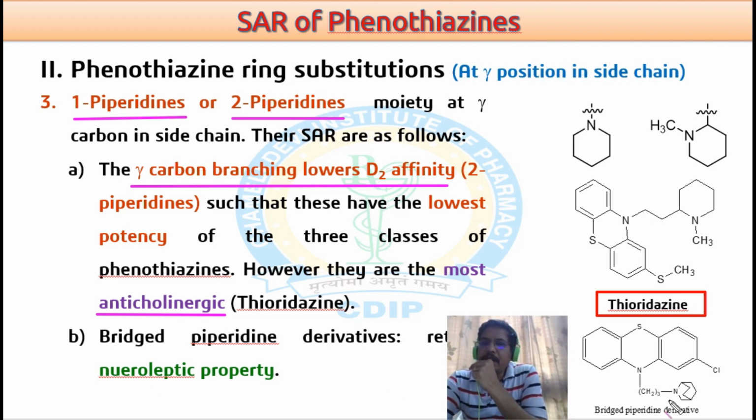There is also the possibility of bridging of the terminal one, and in that condition, if the 1-piperidine system has a bridge, meaning the piperidine ring is converted to a bicyclic system, then they retain the neuroleptic potency.